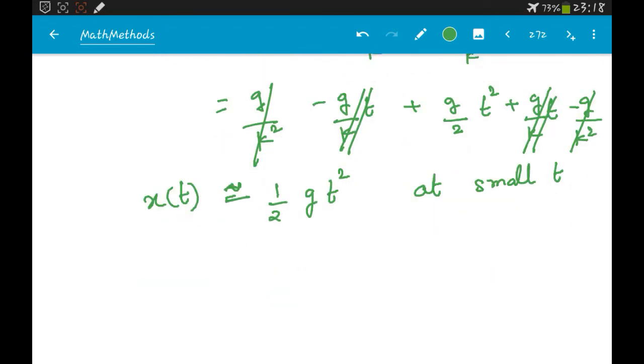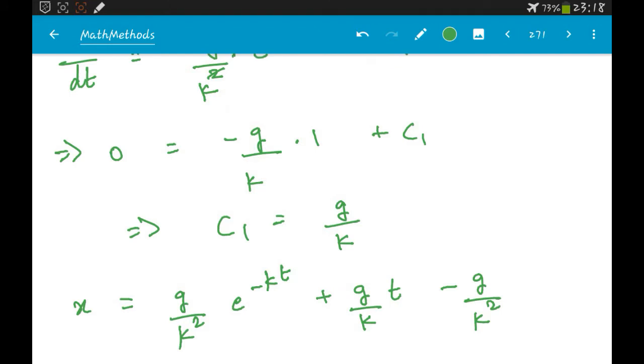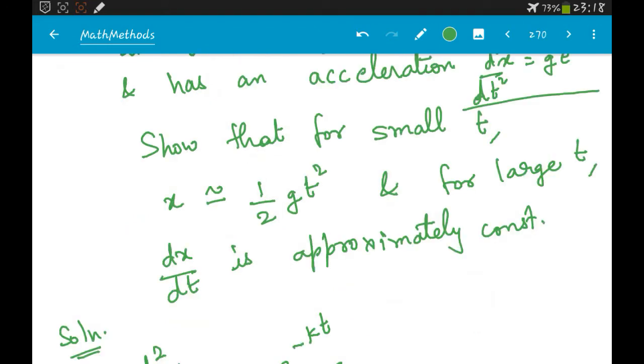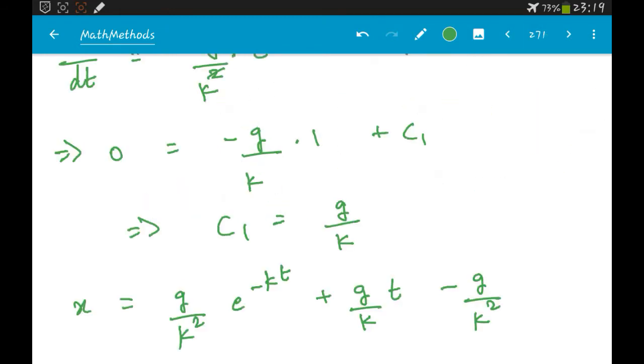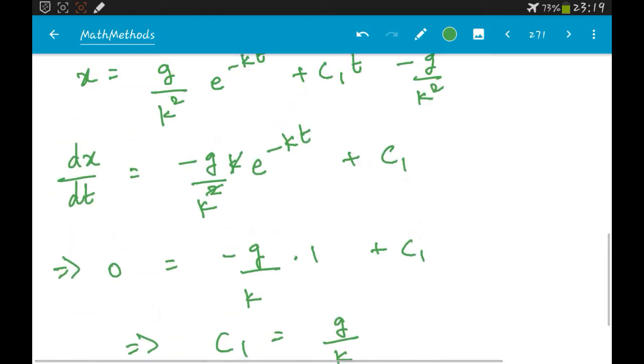And then the other question was also for large t, show that for large t dx by dt is approximately constant. So I think we have already calculated dx by dt. Where is dx by dt? Dx by dt is over here.